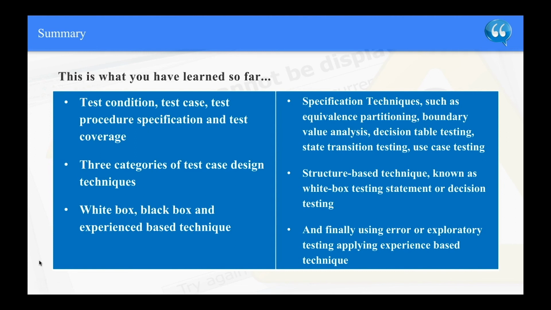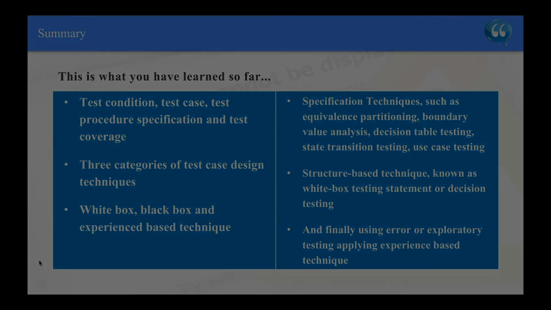Specification techniques such as equivalence partitioning, boundary value analysis, decision table testing, state transition testing, use case testing. You learned as well structure-based techniques known as white box testing, statement and decision testing in more depth. And finally, using error guessing or exploratory testing, applying the experience-based technique.